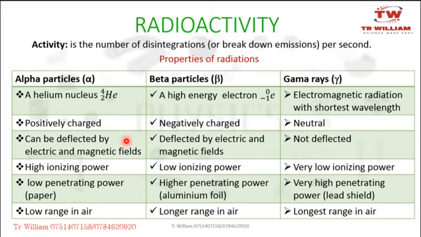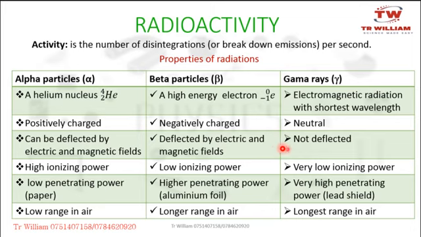The negative one, because the particles are positively charged. Whereas beta particles will be attracted by the positive plate, since they are negatively charged. Gamma rays are not deflected, they are not attracted by any magnetic or electric field, because they have no charge.